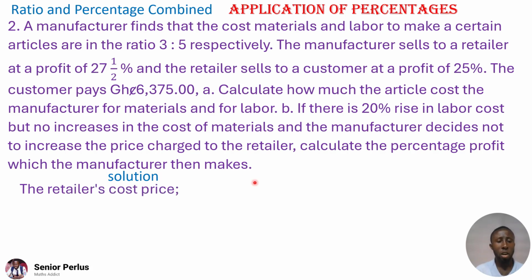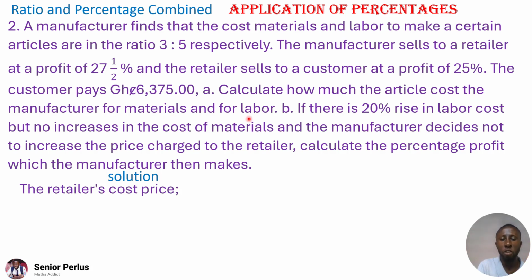The retailer's cost price. From the question, we are given the ratio. The manufacturer sells to the retailer. Why the retailer's cost price? Because here, the problem is you have to find the manufacturer's cost price. The question says calculate how much the article costs the manufacturer for material and labor.